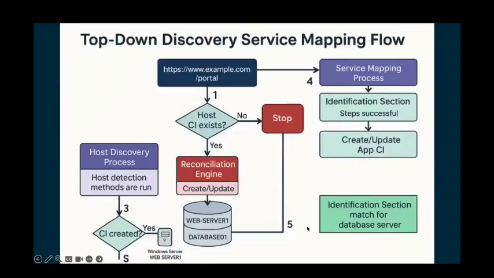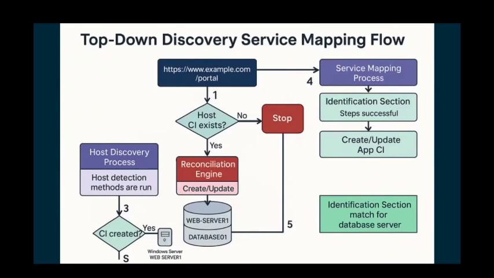Now let's take a closer look at the top-down discovery flow. At the very top, we begin with the service entry point. You can see that there is a URL or an endpoint that defines the start of your service. From there, the system asks a simple but powerful question: does the host record exist inside your CMDB?